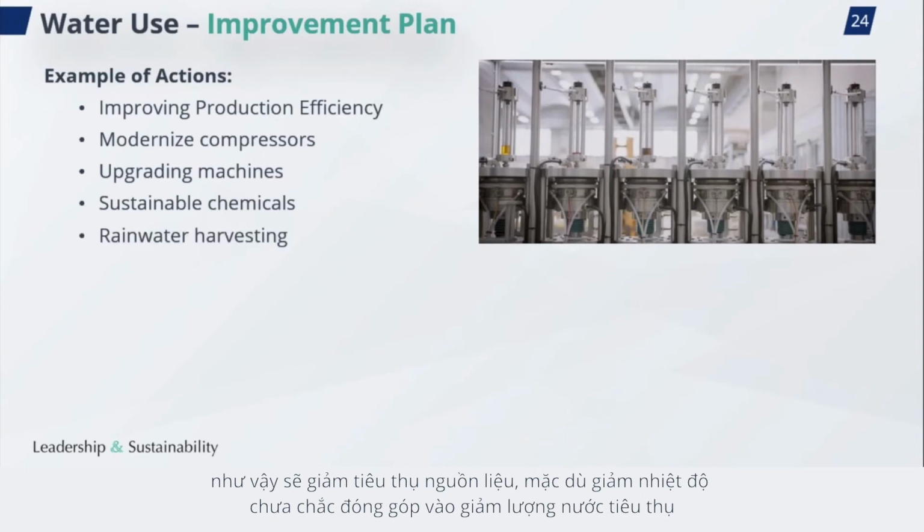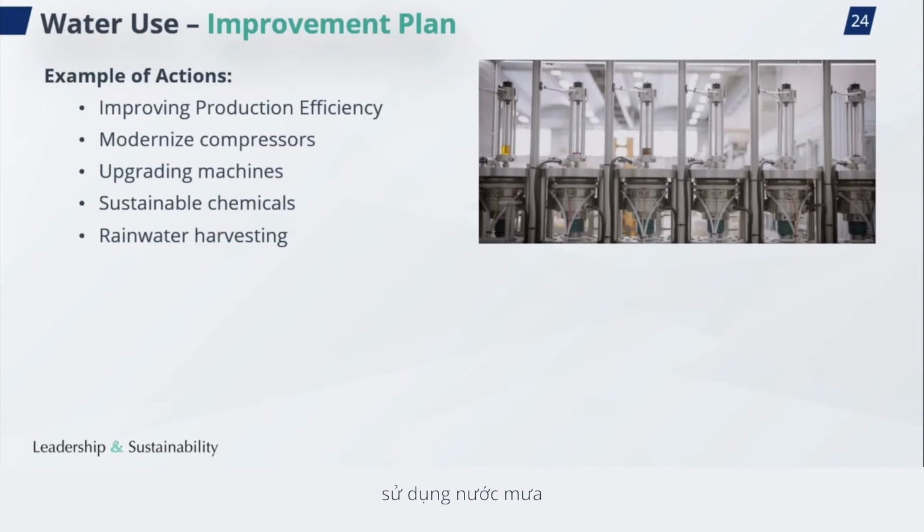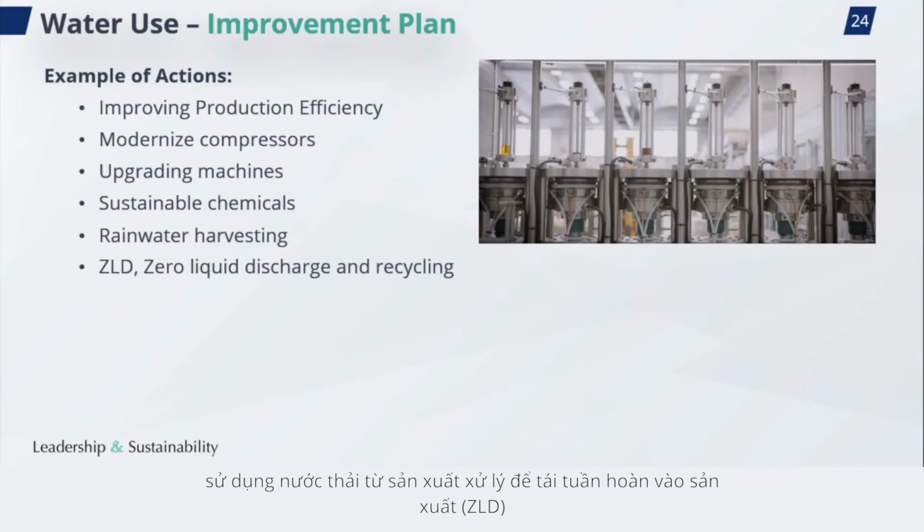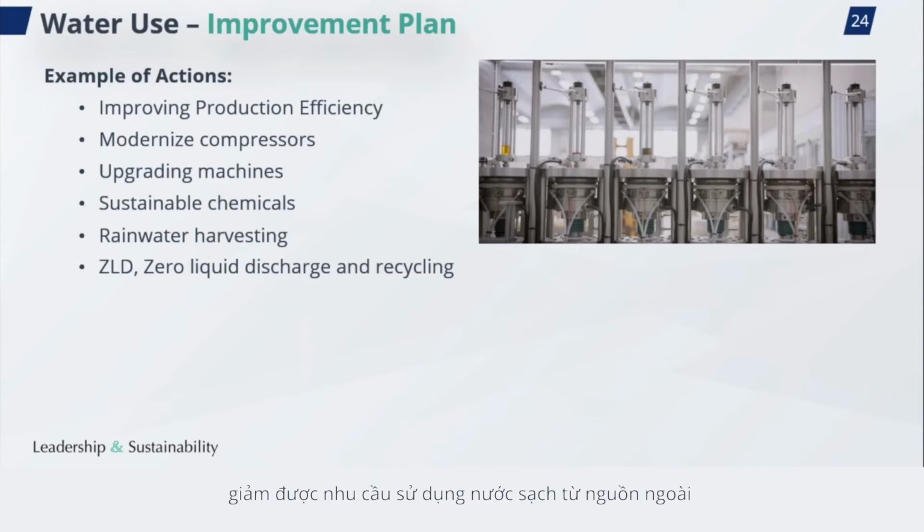You could also try using rainwater, or zero liquid discharge, for example, where you can recycle some or all of the wastewater into the plant again, and therefore reduce the use of fresh water.